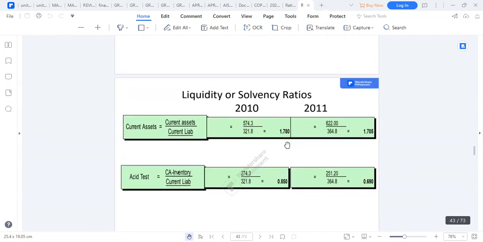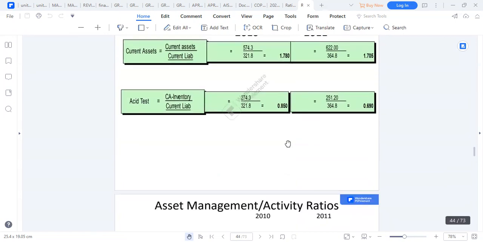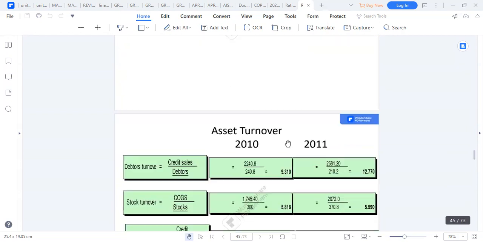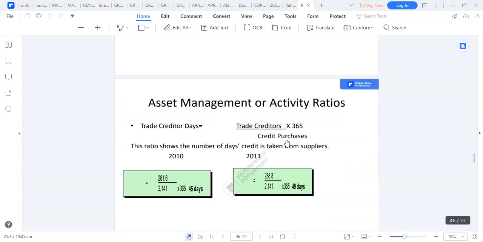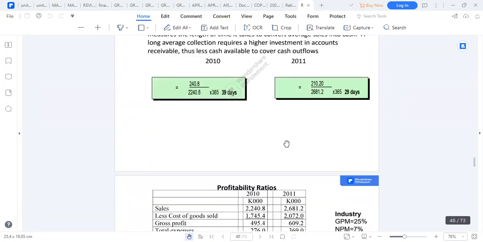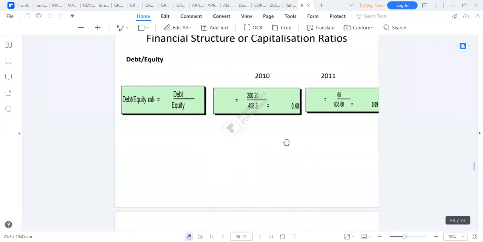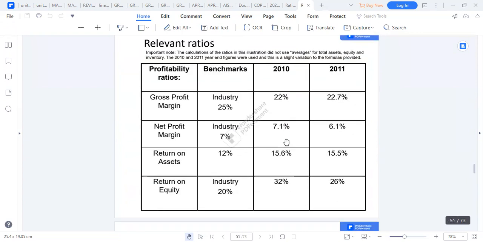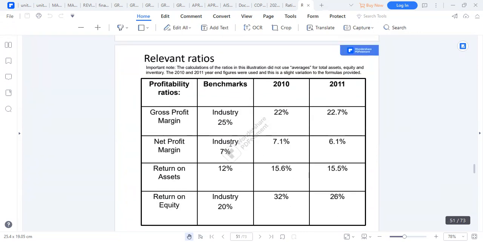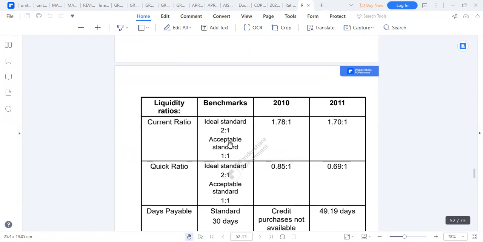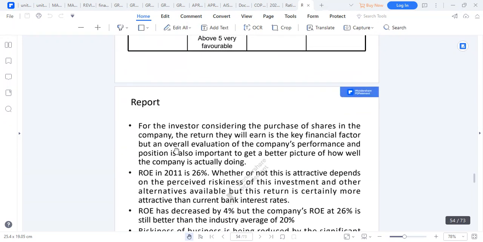The calculations were done with the ratios respective of their categories: the liquidity ratios, the asset turnover, the efficiency and activity ratios, and the profitability ratios. We also looked at the debt to equity ratio, and we summarized all these answers and gave a report based on the benchmark and the answers that we got.